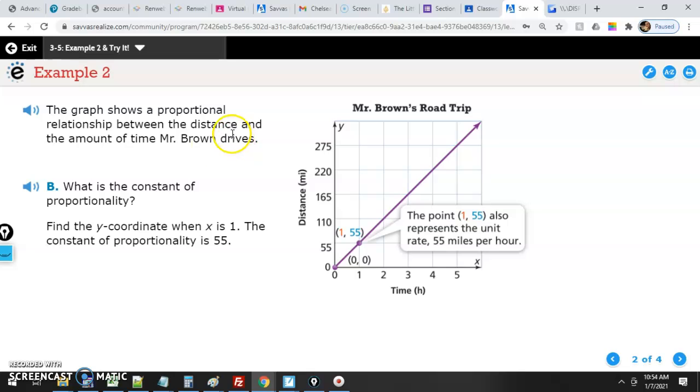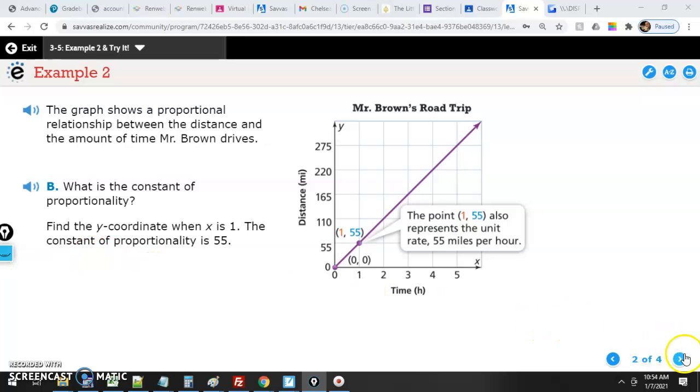Okay, so what is the constant of proportionality here? Well, we could use this 1, 55 point to figure out the constant of proportionality. Remember, how do we determine that? We take k equals y over x.